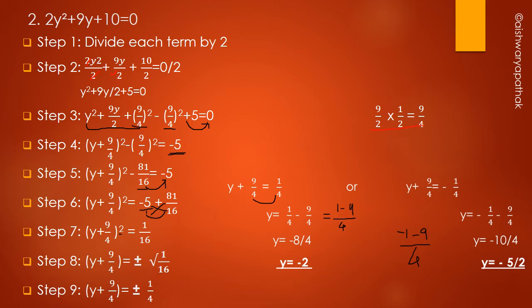Minus 81 upon 16, take that term to the other side. So what you will get? Minus 5 plus 81 upon 16, because here it is minus, so that's why here you will get plus. Minus 5 plus 81 upon 16.